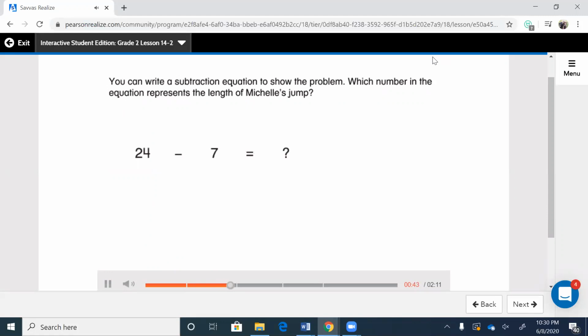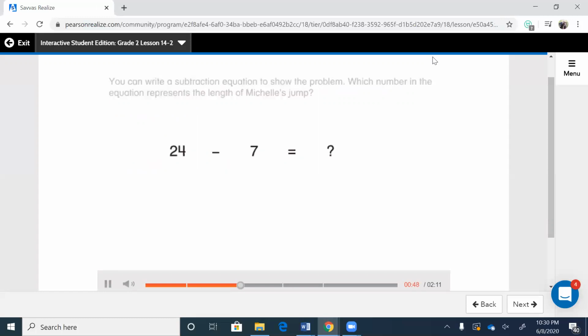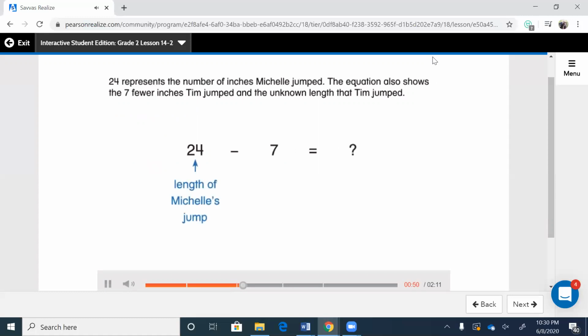Which number in the equation represents the length of Michelle's jump? Select your answer. "24" represents the number of inches Michelle jumped.